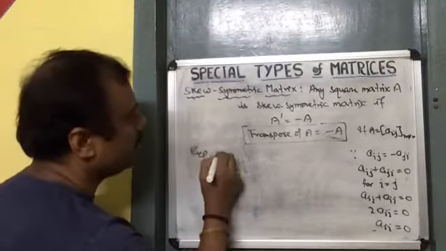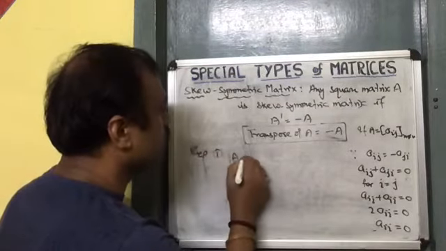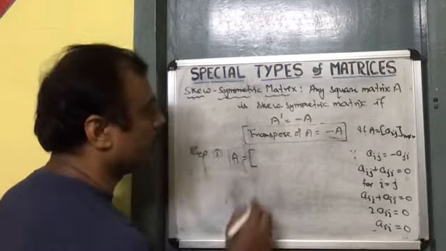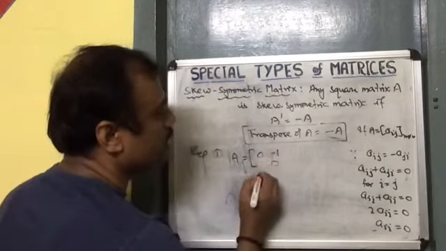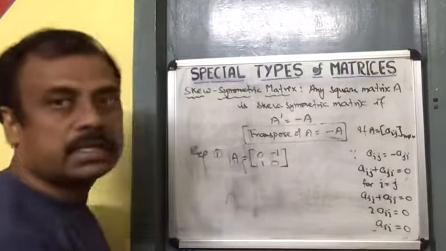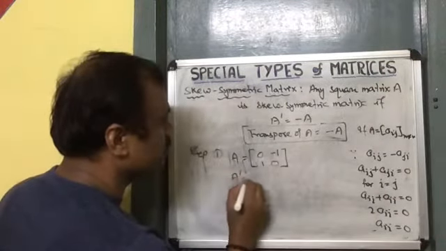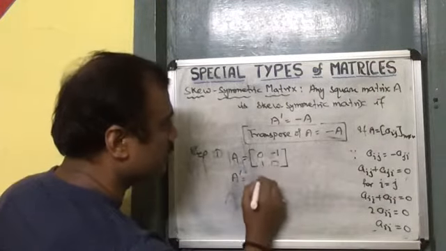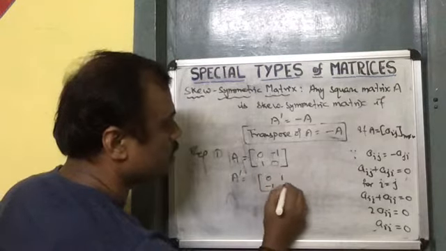So for an example, first let us take order 2. The main diagonal will be 0. Here if I put minus 1, then the other will be 1. Let us see what A dash, meaning the transpose of this, is. The transpose is 0, minus 1, 1, 0.